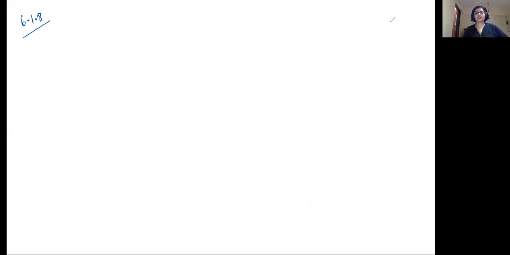First, as always, for every geometry problem, start with drawing the figure. You're given a triangle, and you have to prove that the line passing through the midpoint of one side and parallel to the other side bisects the third. Let's call this ABC. This is D and this is E.